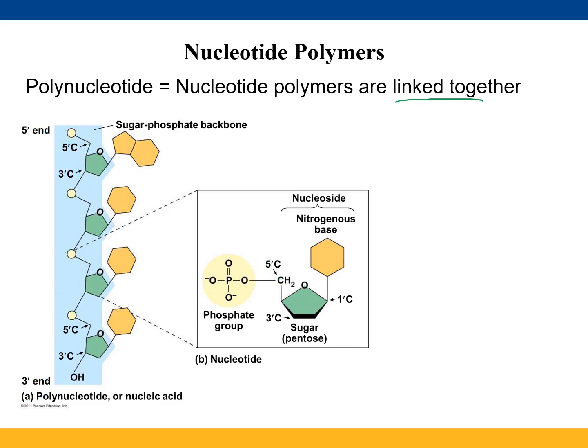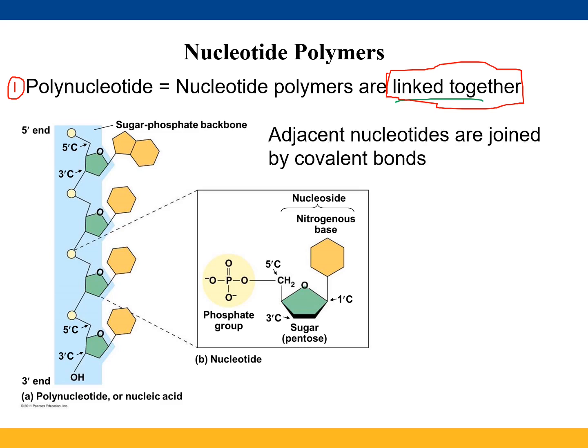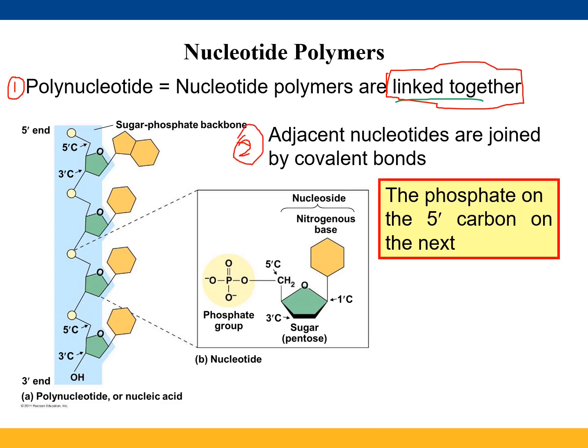So to summarize, let's keep talking about polynucleotides, but now let's talk about how they attach to each other, what type of linkage we find here. I told you that they have a lot of covalent bonds, but they will have the phosphate on the 5 carbon of the next nucleotide. So here in red, you can see all the 5 carbons.